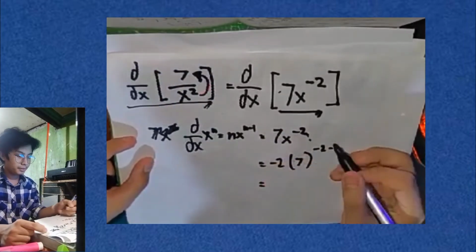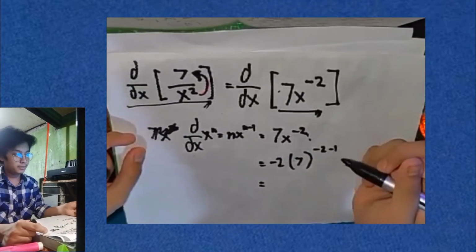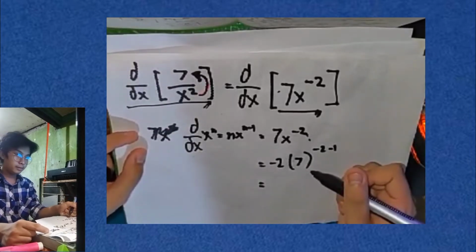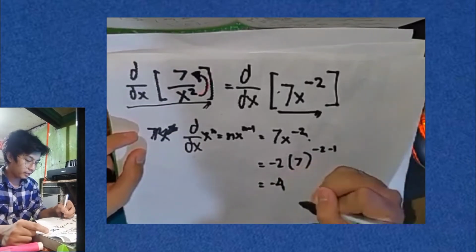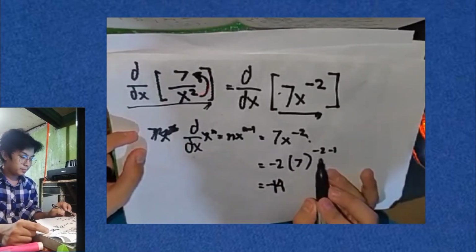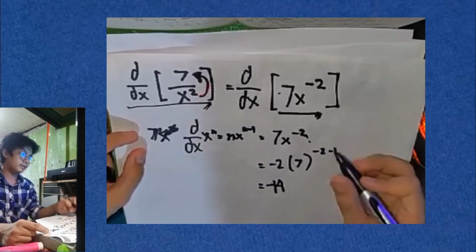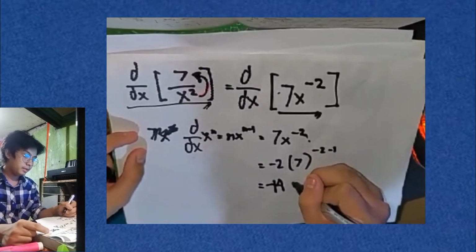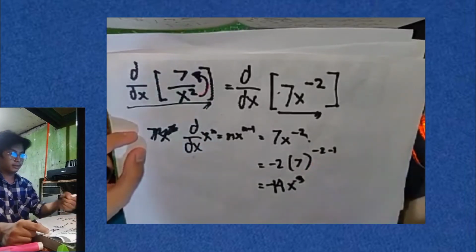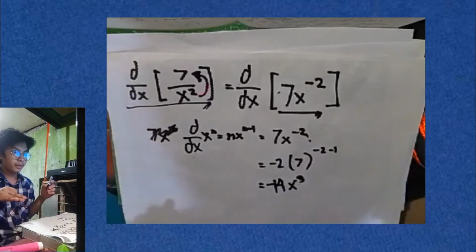What will happen if we subtract both negative numbers? We will add. Then negative 2 times 7 is negative 14. Then negative minus positive, they will add to each other. Then it will be x raised to negative 3. It will not change sign.